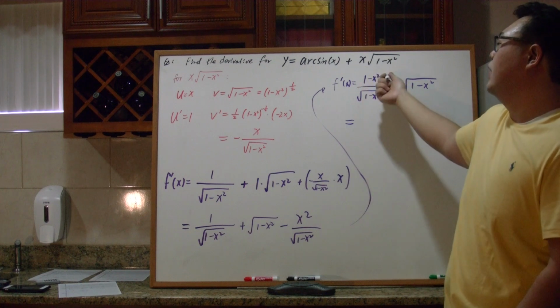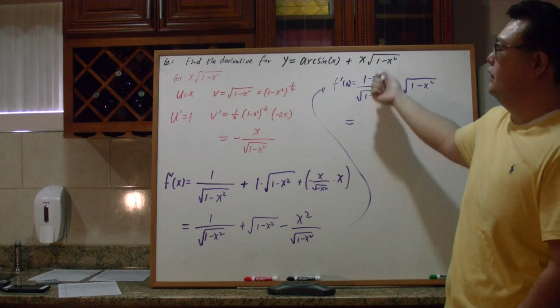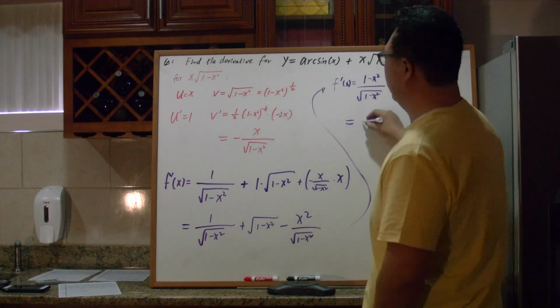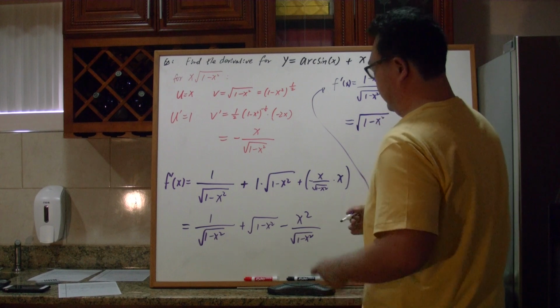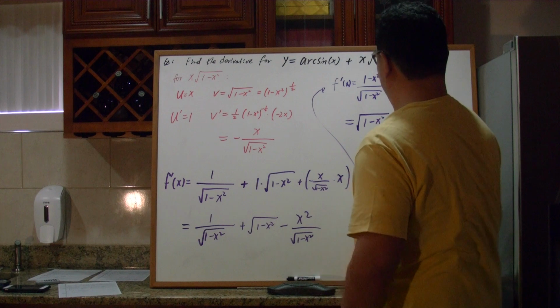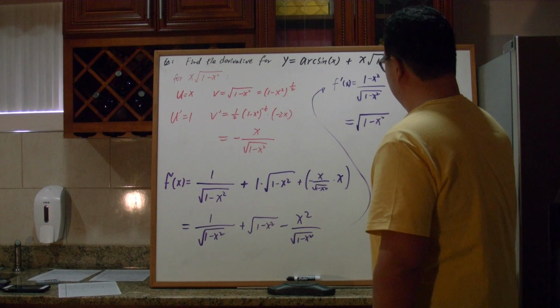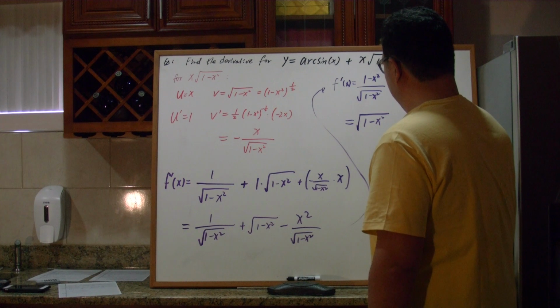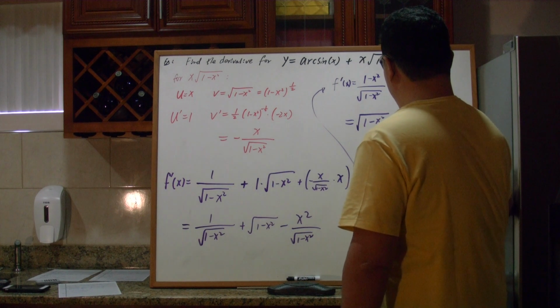The power on top is 1 and the power underneath, on the bottom, is 1/2. So when we divide them, we subtract the powers, and we're left with the square root of 1 minus x squared. It's like u to the first power over u to the 1/2 power. That is u to the 1 minus 1/2, that is u to the 1/2.